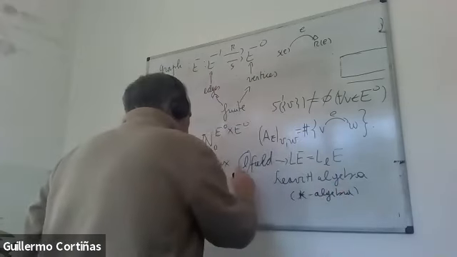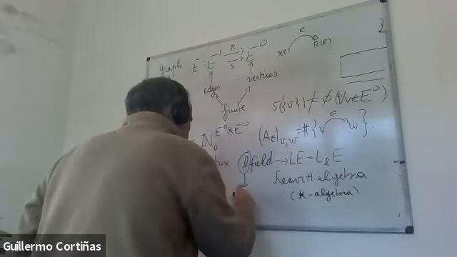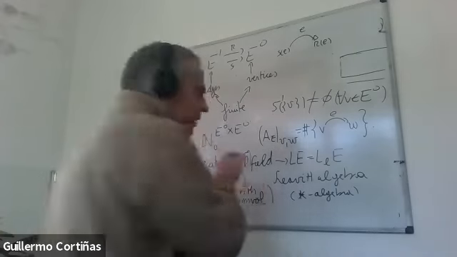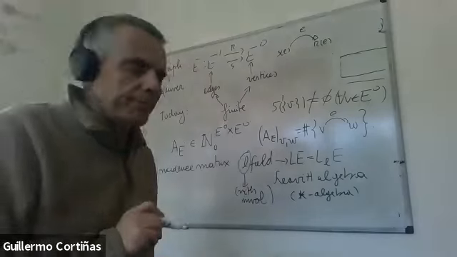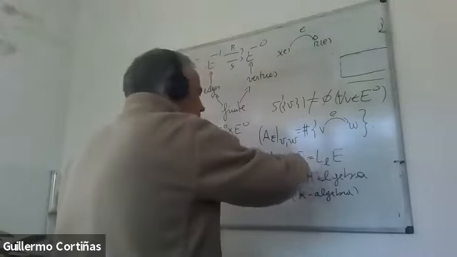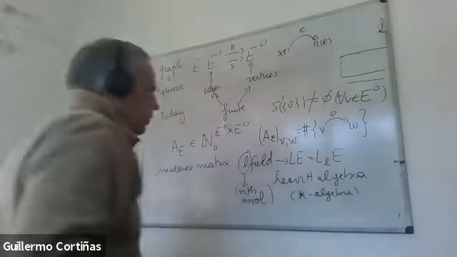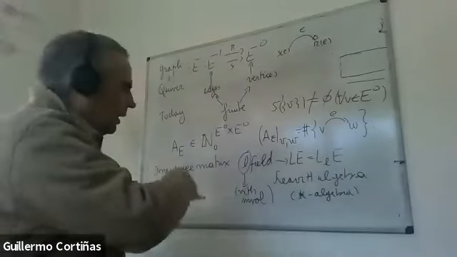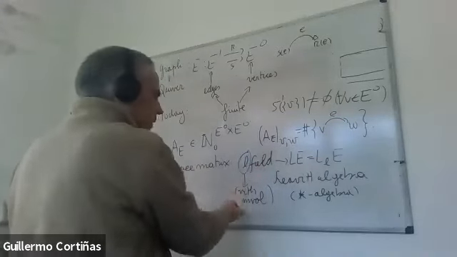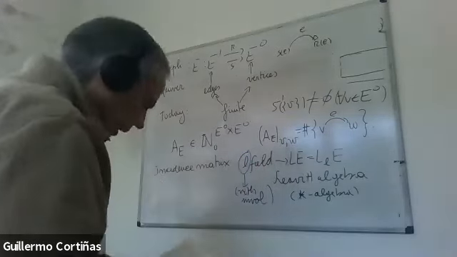If the field comes with an involution, which may be the trivial involution, the identity, then you can equip this algebra with an involution too, in such a way that when you restrict it to the field, you get the involution the field came with.